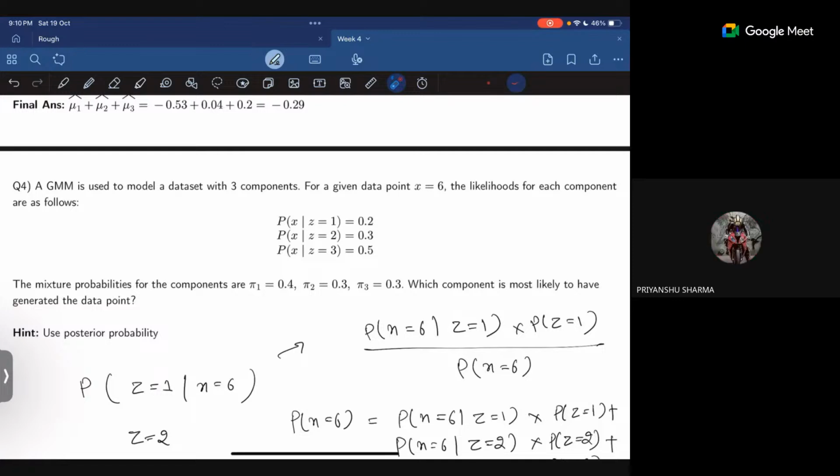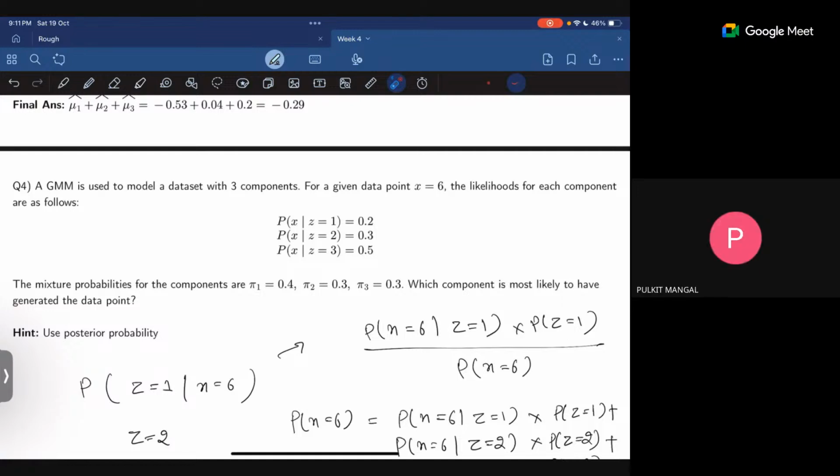Sir, in this question they are asking just at x equal to 6. Is it just one data point? There could be other data points as well, right, in the same data? Yes, they could have asked x equal to 5 or anything else, and it will not make any difference.